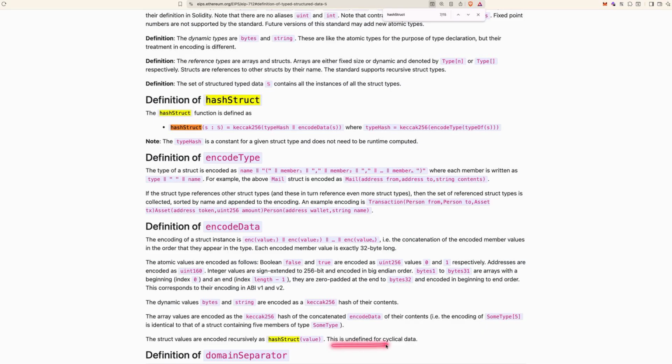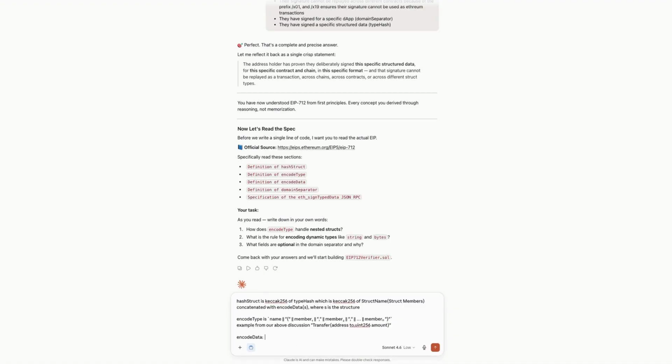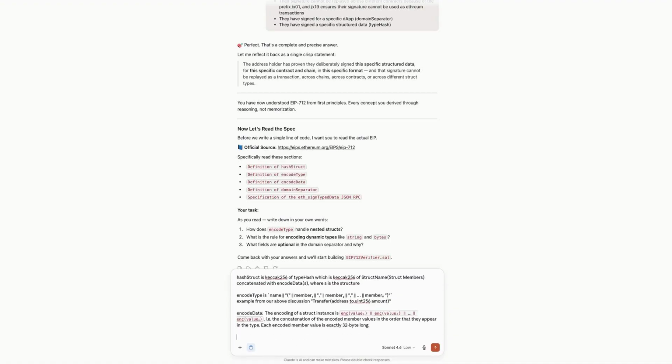This is undefined for cyclical data. The definition of encodeData is enc(value 1) concatenated with value n. Okay, encodeData is the definition.